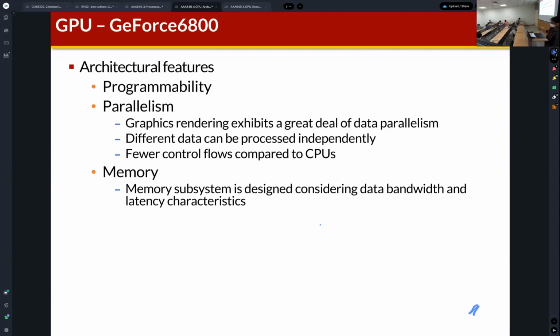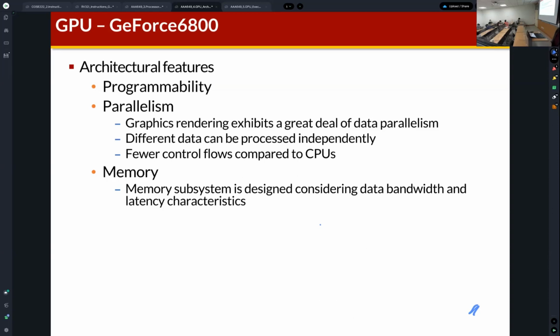So now I will briefly explain the GPU architecture. First, let's think about the early generation of GPU, which is the GeForce 6800.